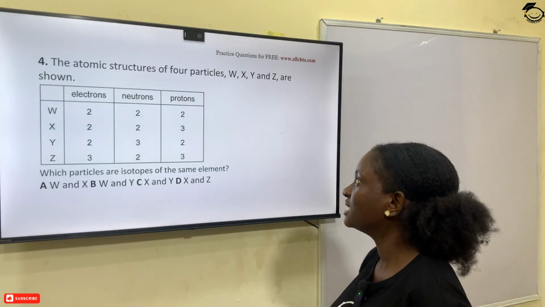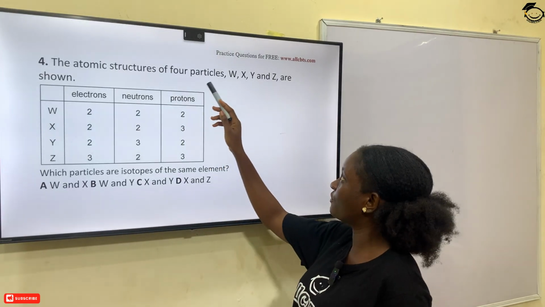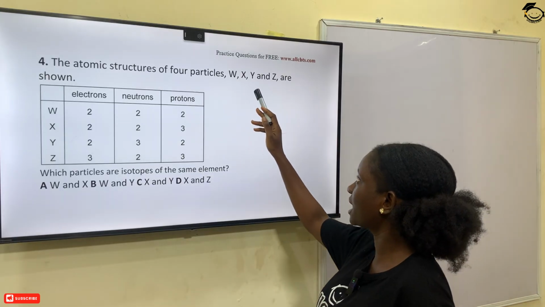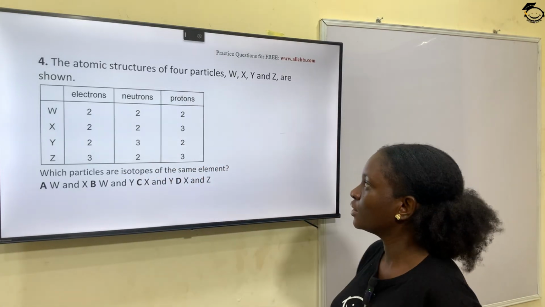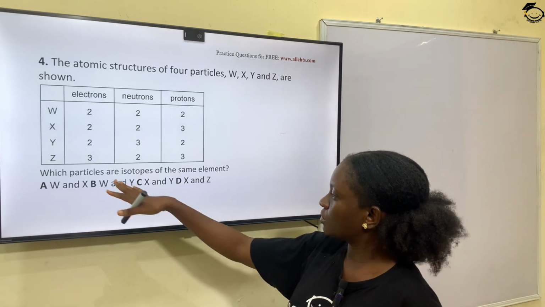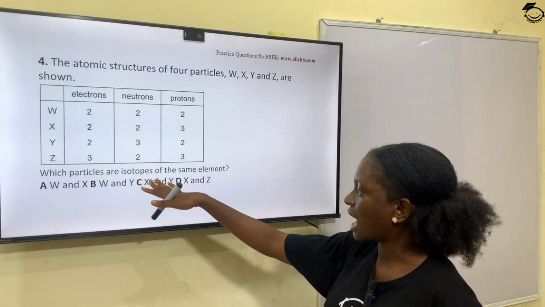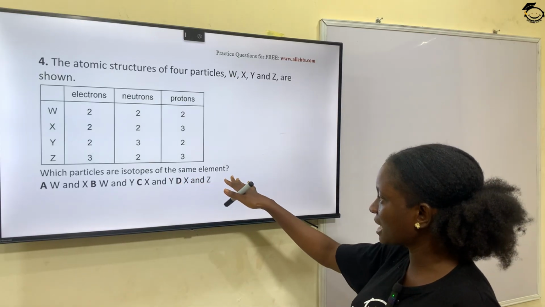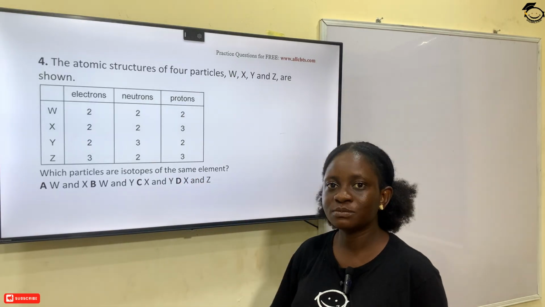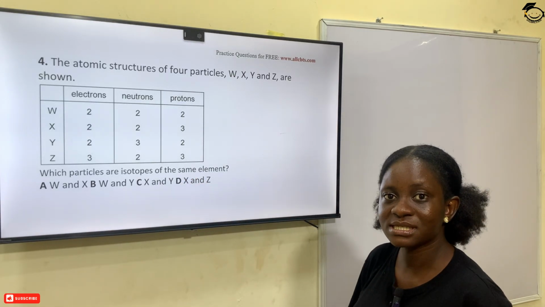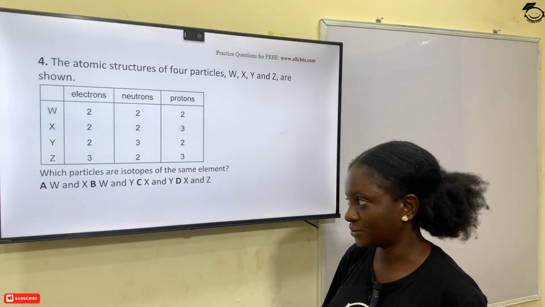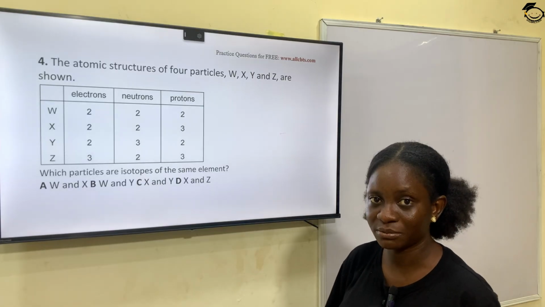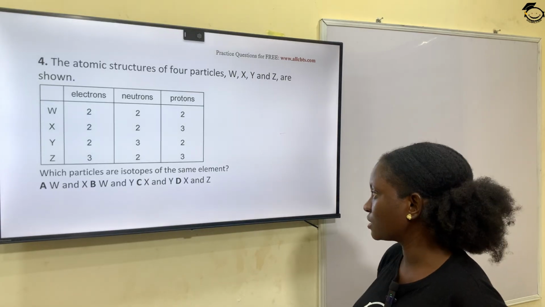Question 4. The atomic structures of four particles W, X, Y, Z are shown in the table below. Which particles are isotopes of the same element? Isotopes of the same element have the same number of protons but different numbers of neutrons. That means they have the same atomic number but different mass number.